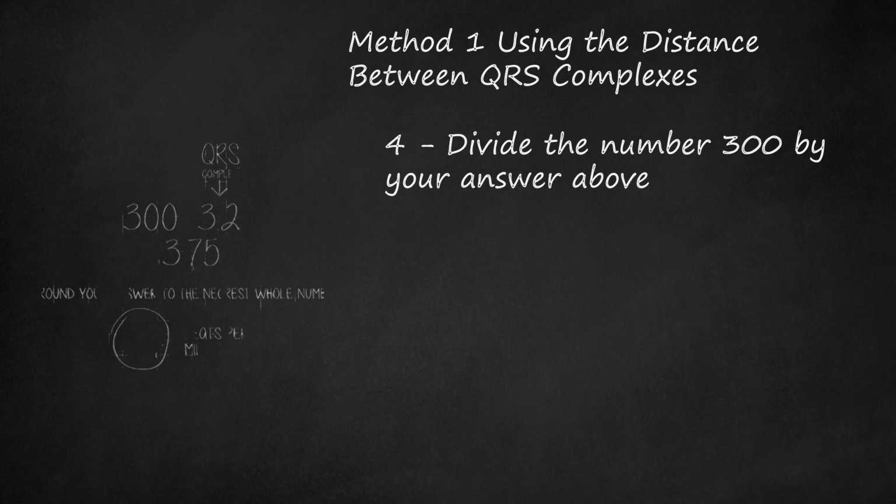Once you have calculated the number of big squares separating QRS complexes, let's use 3.2 as an example. Perform the following calculation to determine heart rate. 300 divided by 3.2 equals 93.75. Round your answer to the nearest whole number. In this case, the heart rate would be 94 beats per minute.